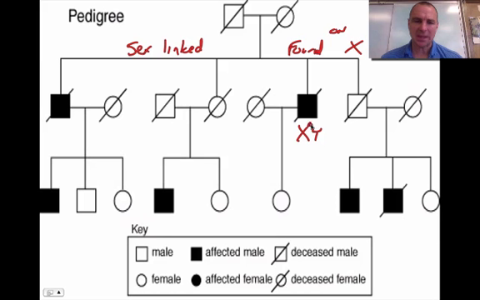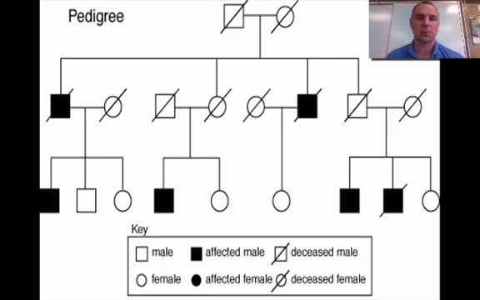If he gets a bad X, then he has it. A girl, on the other hand, has 2 X's. So if they get one bad X, they can cover it up. It's called a carrier, and we'll talk about that a little bit more. But this shows you how we can track a disease by use of a pedigree.